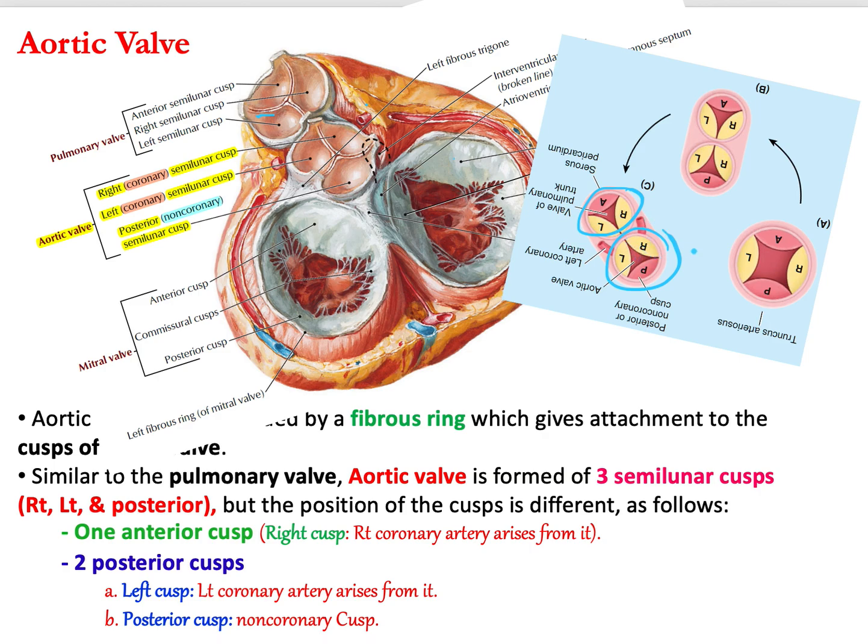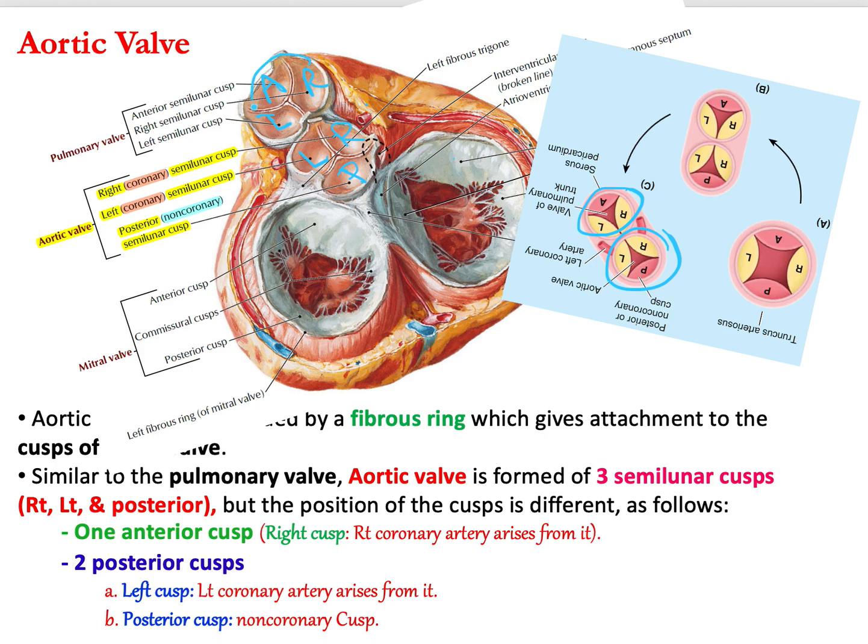After rotation of the heart, you know that there will be the anterior cusp, right and left, for the pulmonary valve, and opposite to that we have the posterior cusp here, and this is the right cusp and left cusp. Forget the names of these cusps.